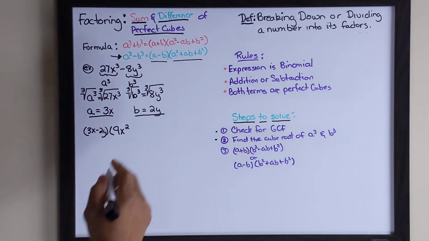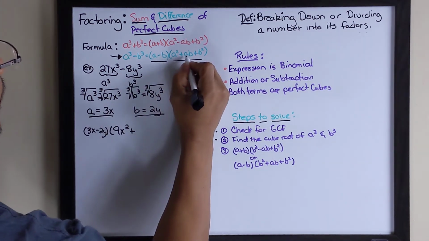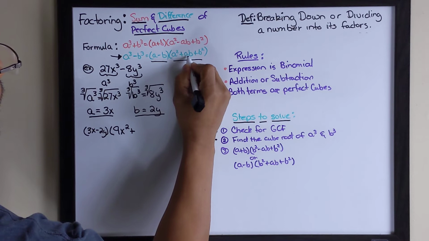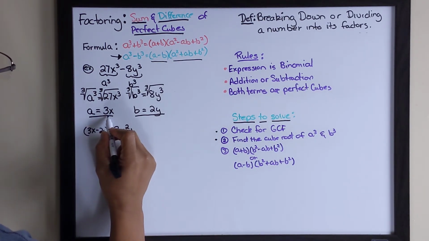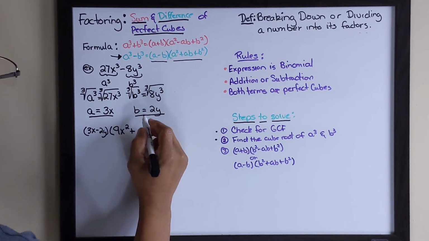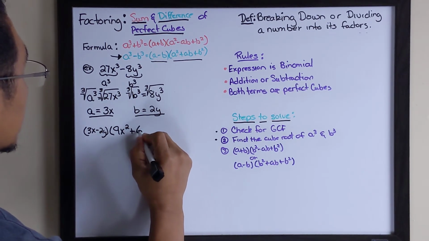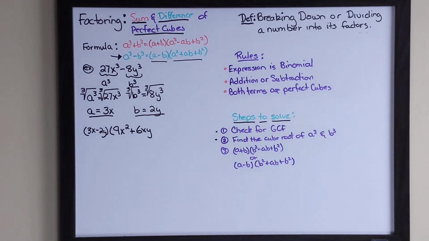And the formula calls for a plus right here. We put a plus right here. Plus ab, which is a times b. So a is 3x times 2y, which is b, that gives us 6xy. Still with me?